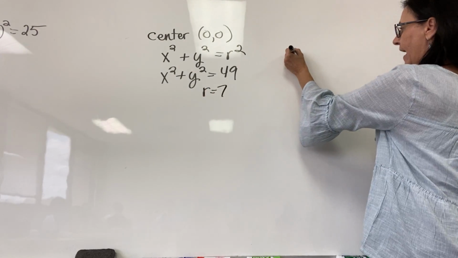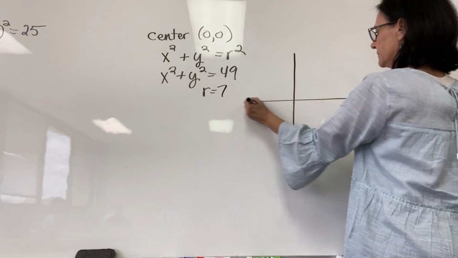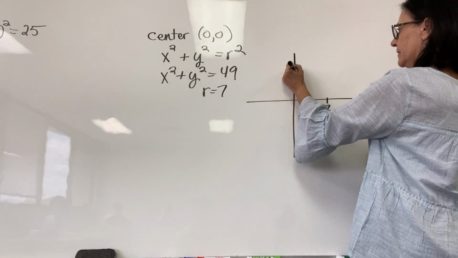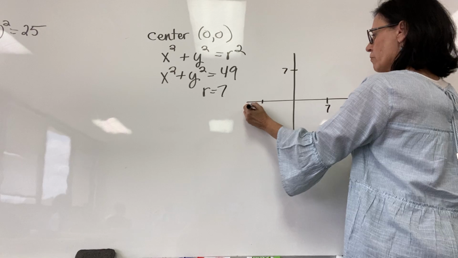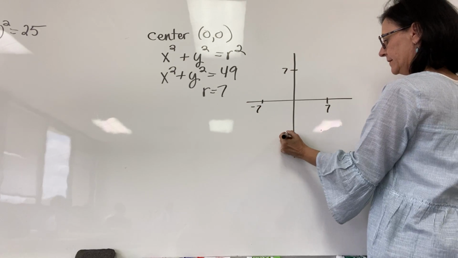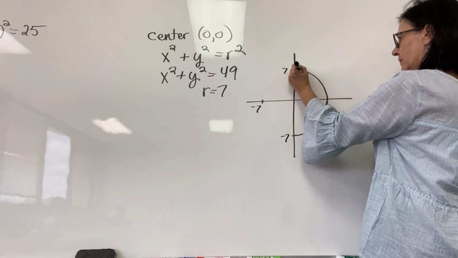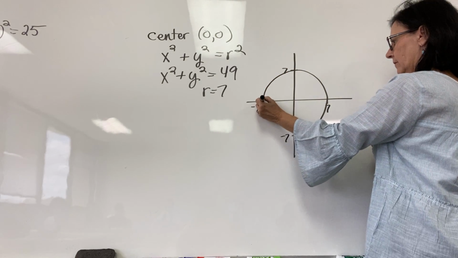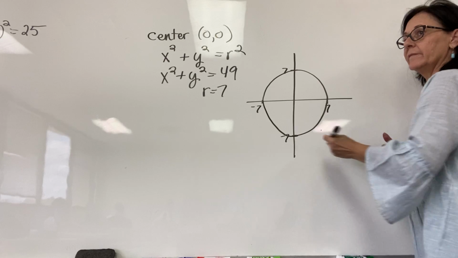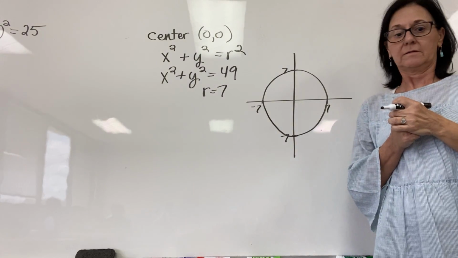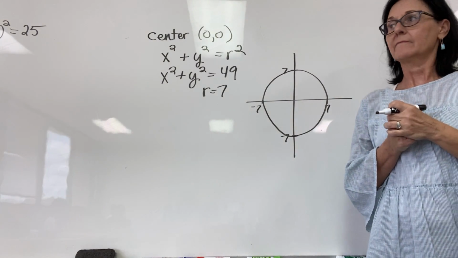I could graph that. 7, 7, negative 7, negative 7, and it would be a circle. X squared plus y squared equals the radius squared. Correct.